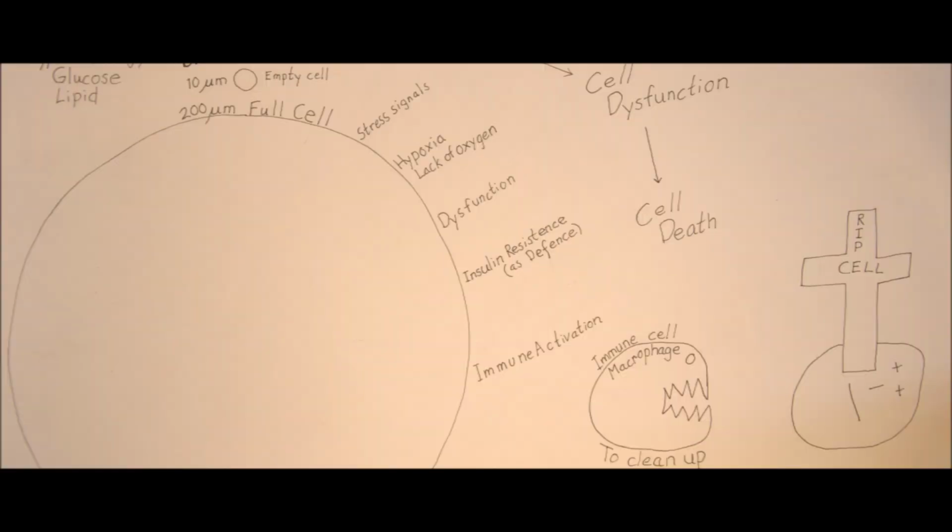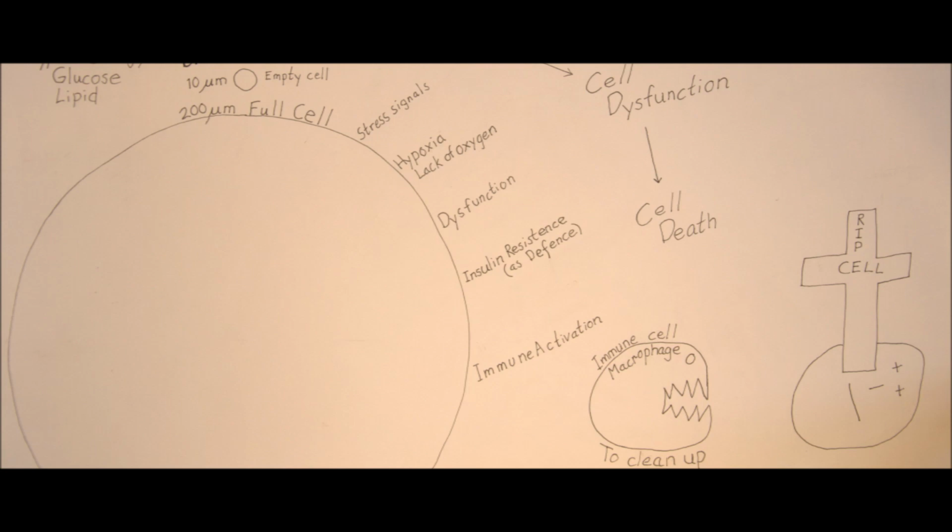The full fat cell is so full it sends out stress signals. It's so full that it has a lack of oxygen. It's so full that it can't work, and it's defending itself by being insulin resistant to not accept any more glucose or fat.